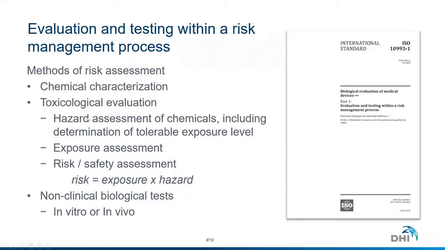For that, you need to do a hazard assessment of the chemicals and an exposure assessment, and then perform the risk versus safety assessment by comparing the risk of exposure to the hazard that the chemical poses to the body, the potential toxicological hazard, and that gives you the risk. And then you need to consider whether there are non-clinical biological tests that I need to do, either by in vitro methods or in vivo methods.